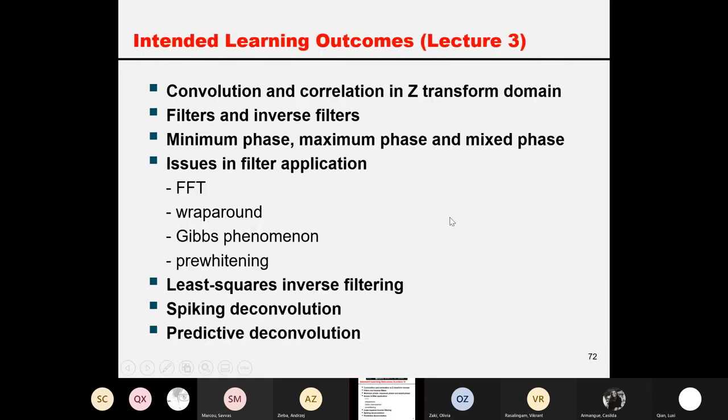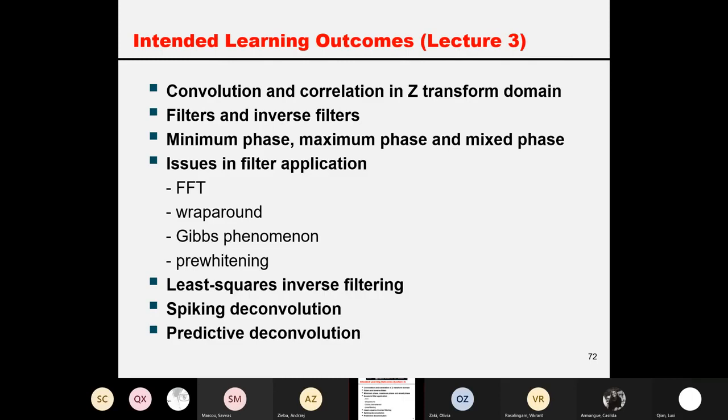So let's summarize what we learned today for the last 3 hours. Okay, let me repeat. First of all, we reviewed the Z transform domain, typically in the context of convolution and correlation, right? Okay, and then we introduced the concepts of filters, including the filter itself and the inverse filter.